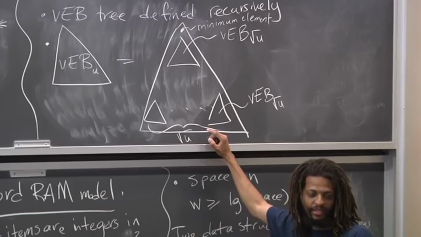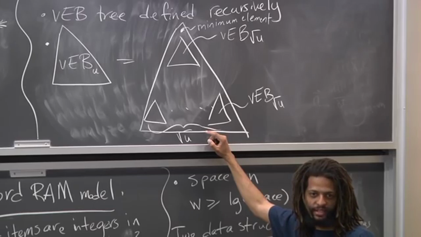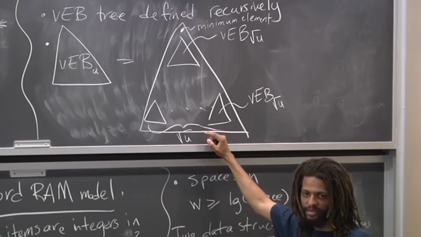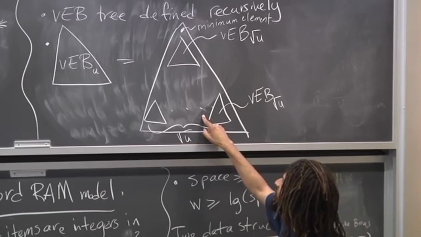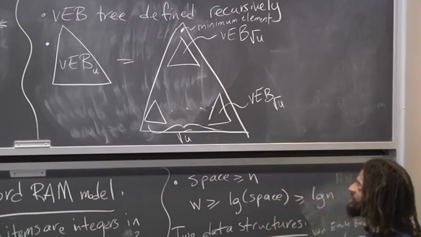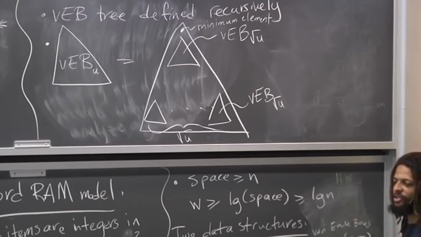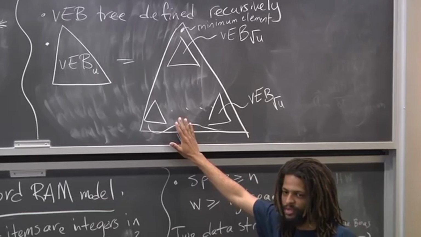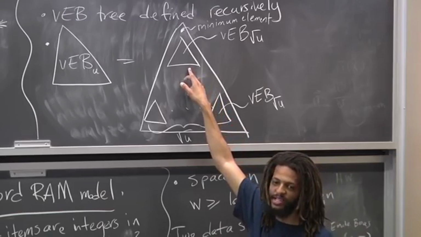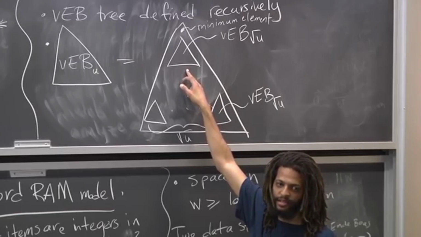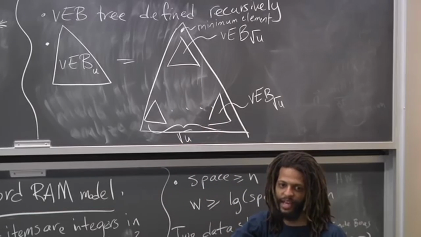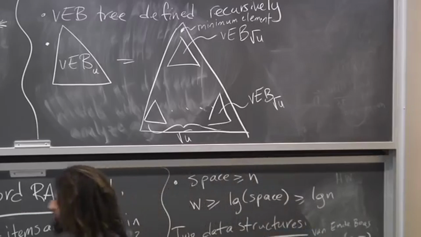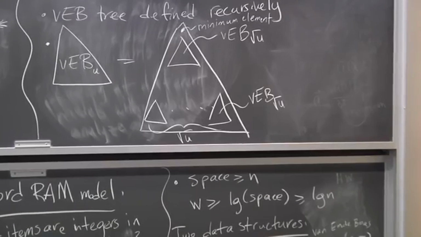If there is no minimum element, because that cluster happened to be empty, or I'm not bigger than the min, then my predecessor is not in my cluster. He's in the largest non-empty cluster before me. I find that by doing a predecessor on c in the summary, and then I return the max inside of that cluster. I don't need to recurse on that cluster, I just return the max.